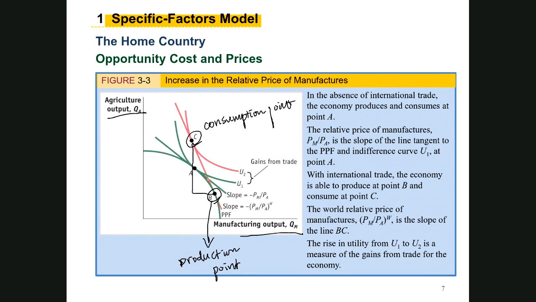So for the home country, which goods does he export and which goods does he import? The home country is going to export manufacturing output. Why? Because he produced more manufacturing output than he consumed.